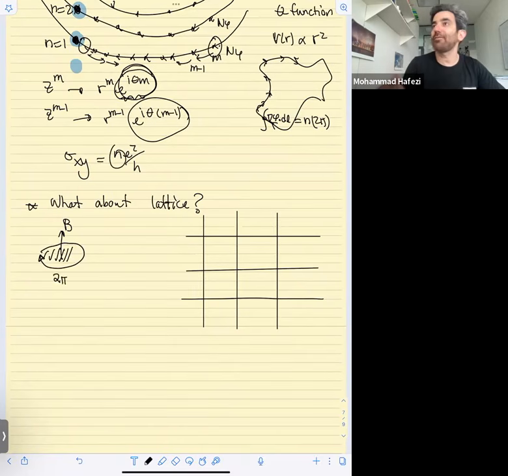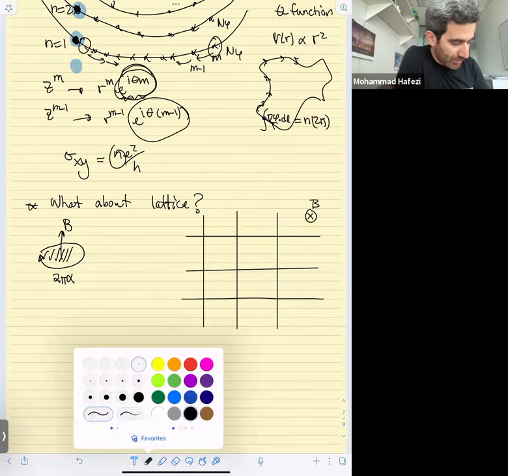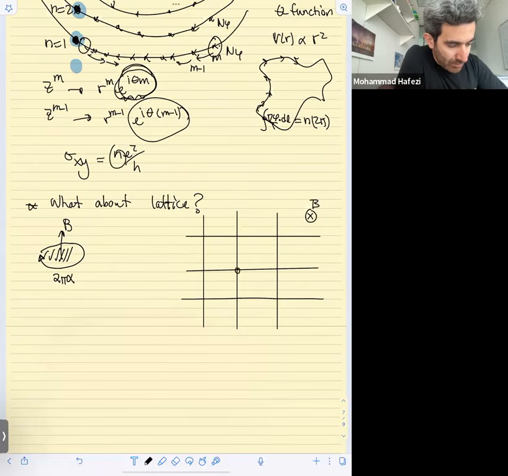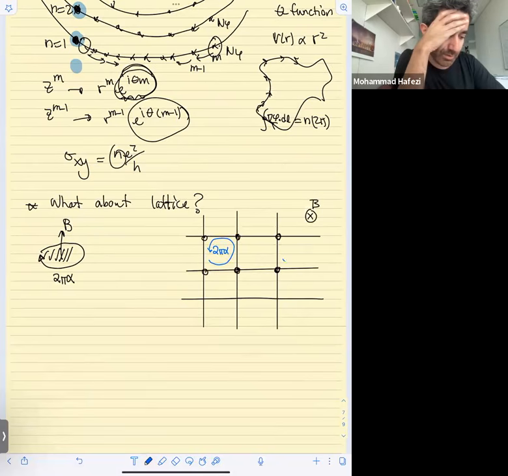If I go around a fraction of a magnetic flux, I just get 2 pi alpha, where alpha is some number from 0 to 1. Okay, so now when we have some magnetic field, let's say in plane or out of plane, and my electrons are confined to these sites, then I can have a situation where, when I'm going around the lattice, I will acquire a phase of 2 pi alpha.